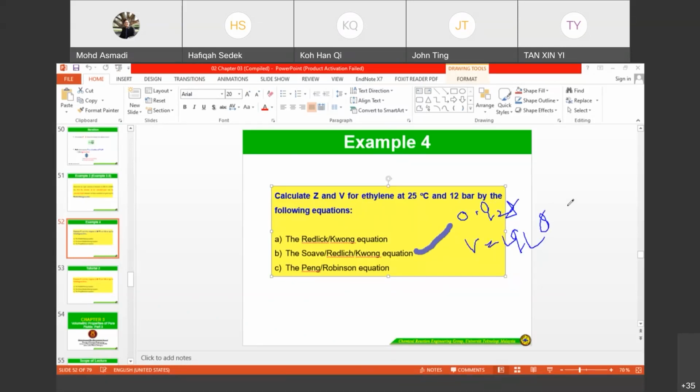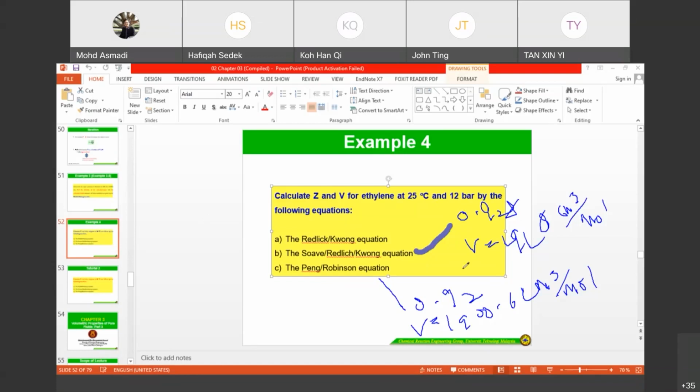Not really different from the Redlich-Kwong. And Peng-Robinson, if you look here, Z is 0.292 and V is equal to 1900.6. Okay, this is the answer. So you can try at home how to calculate using Soave-Redlich-Kwong and Peng-Robinson.